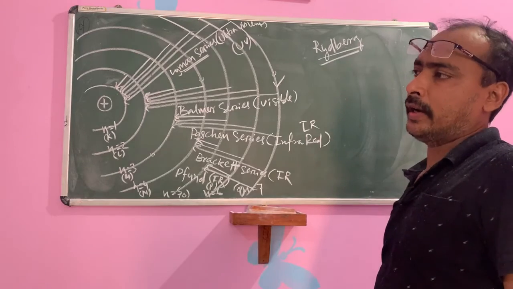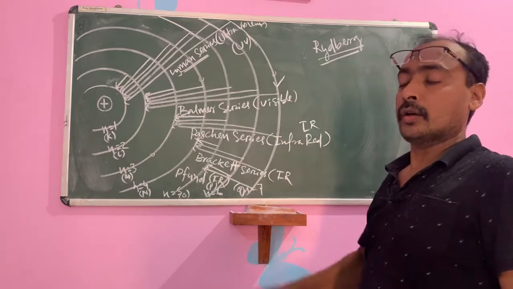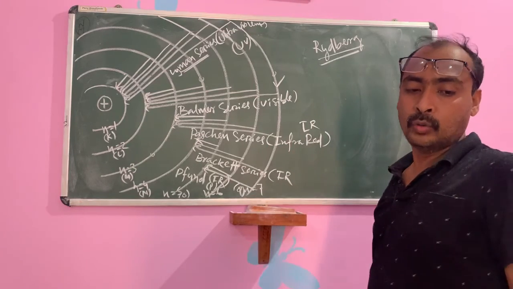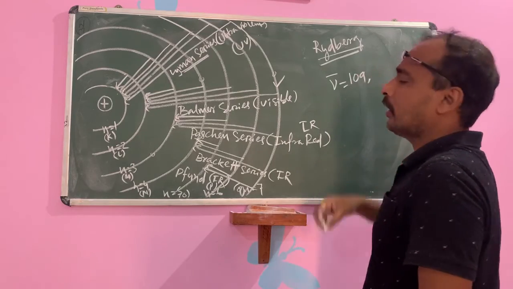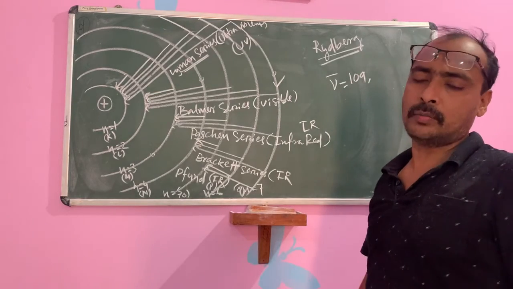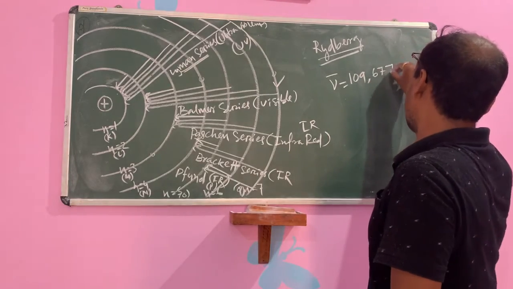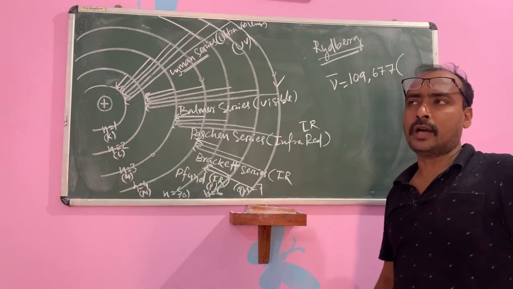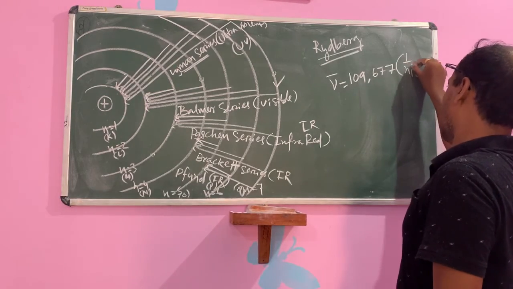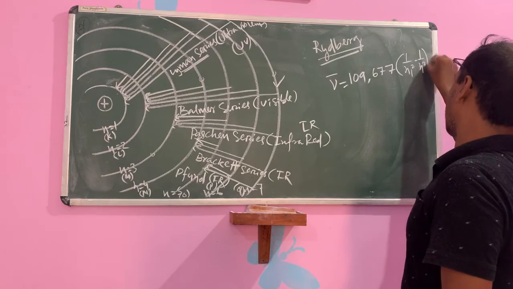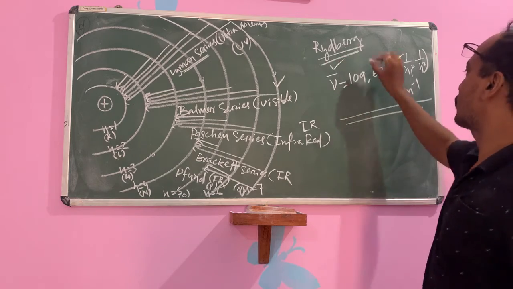If n1 is the lower energy level and n2 is the higher energy level, then nu bar is equal to 109,677, you have to remember this value of the Rydberg constant, times 1 by n1 squared minus 1 by n2 squared. The unit is centimeter inverse, wave number, that is length inverse.